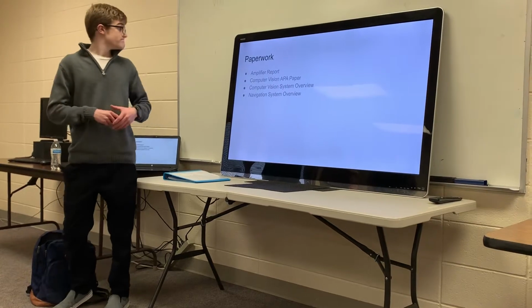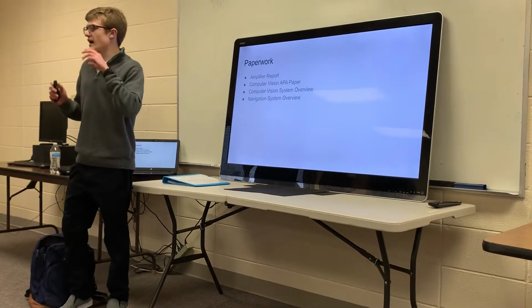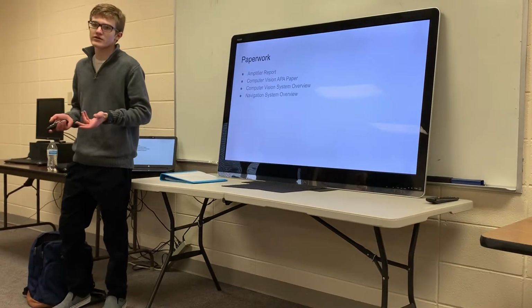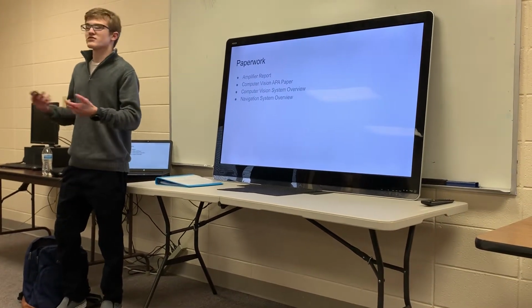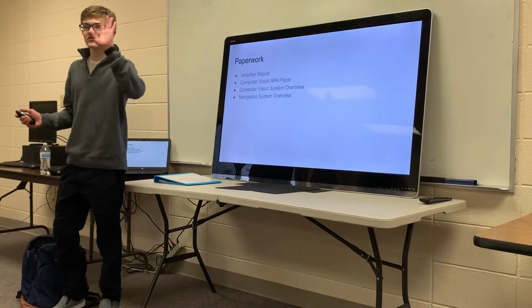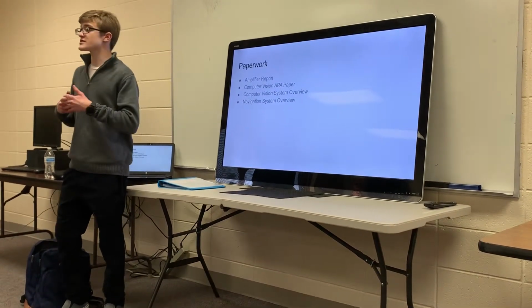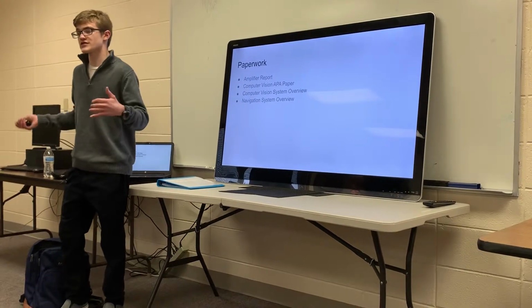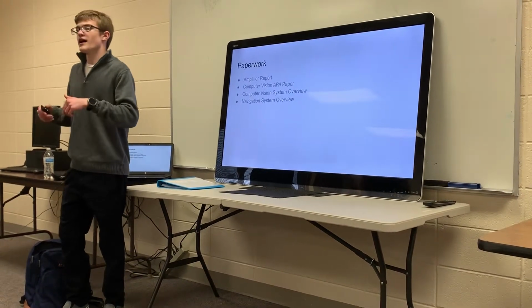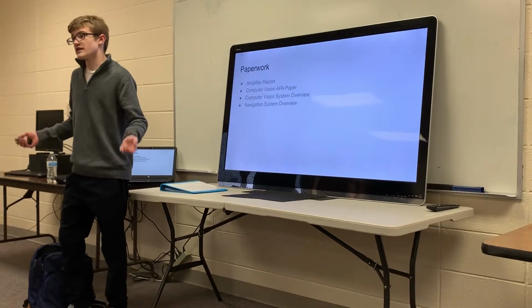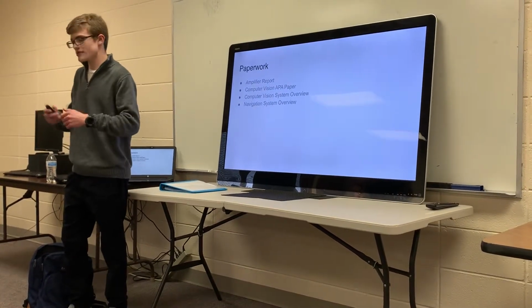Then I have the computer vision APA paper, which was just a research paper on the topic of computer vision and common techniques used for it. The computer vision system overview was an overview of the vision system on the robot. And the navigation system overview was an overview of the navigation system on the robot.